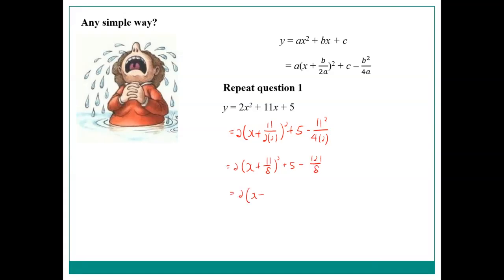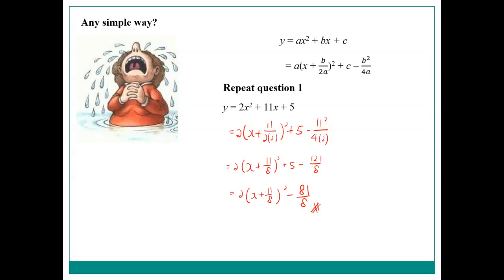So I get my completing square form. Let me calculate this: 5 minus 11 squared over 8. I got negative 81 over 8. So this is my completing square form.